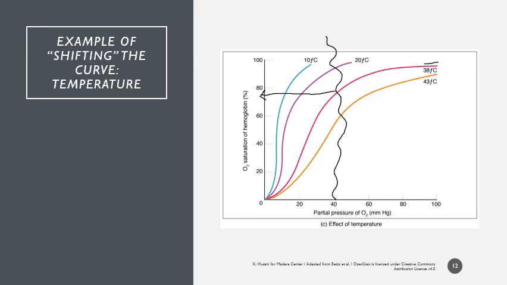If you're a very active cell and very hot, you are needing a lot of oxygen because you're presumably going through a lot of cellular respiration, and so that hemoglobin is going to let go of the oxygen. And if you're in extremely cold environments, hemoglobin is not going to give it up. This is the temperature of the person themselves, not the external temperature.